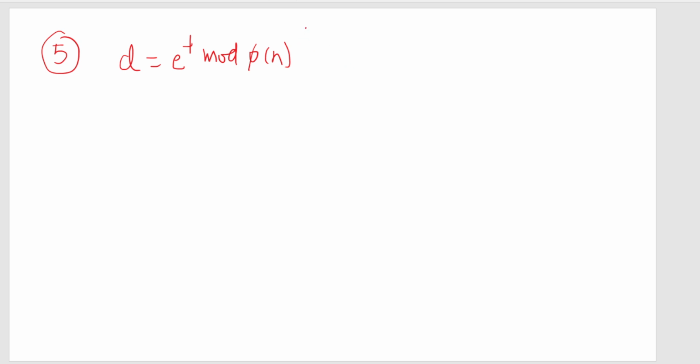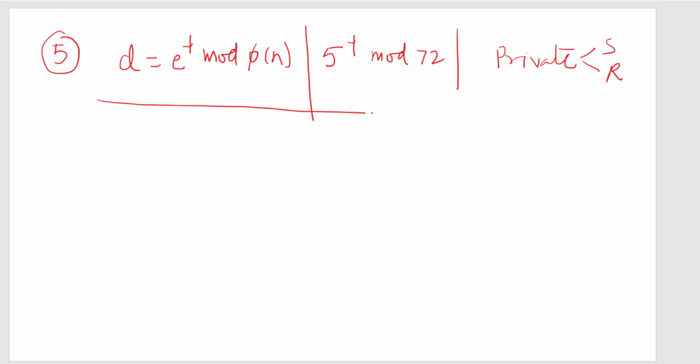This is the formula. We have selected E as 5, so 5 to the power minus 1 mod phi of n. Phi of n was 72, and this particular D is a private value, right? This is only known to the sender and the receiver. So this is the 5-step process for calculating the value of D.